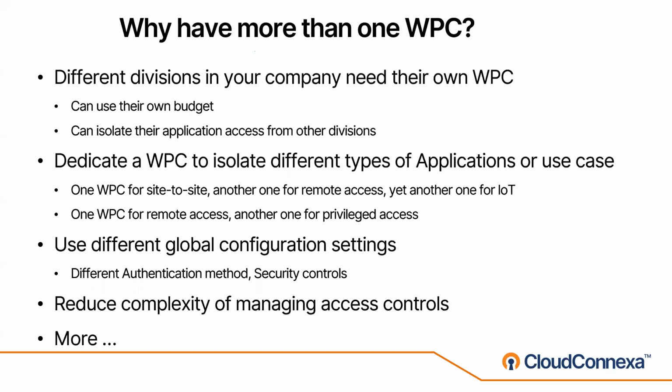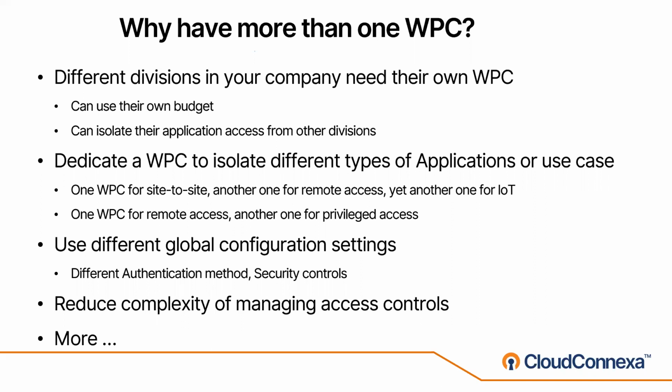And lastly, it's just to reduce the complexity of management. So if you go the zero trust route and you have access control policies for every role or for every department, or based on identity, then you might end up having a lot of access controls, and it might be a bit of a management headache trying to keep all of them updated and knowing what is what.